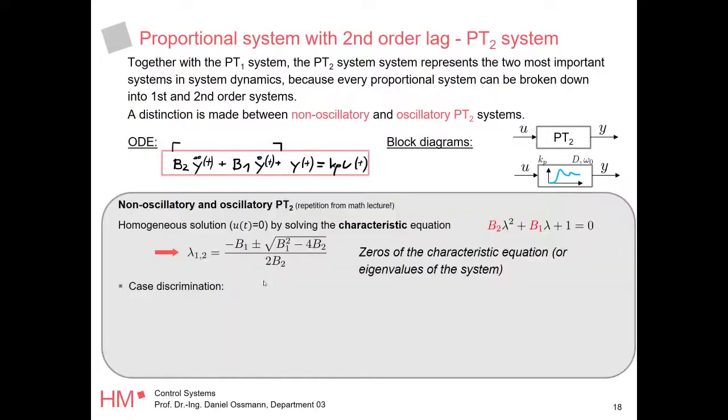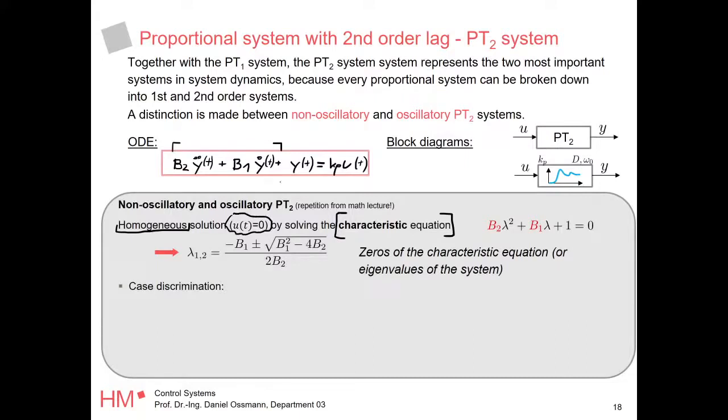Okay, so the analytical approach to solve this ODE is the so-called characteristic equation, right? We take our ODE, and again, we are talking about the homogeneous solution, so please really, that means our input is 0.